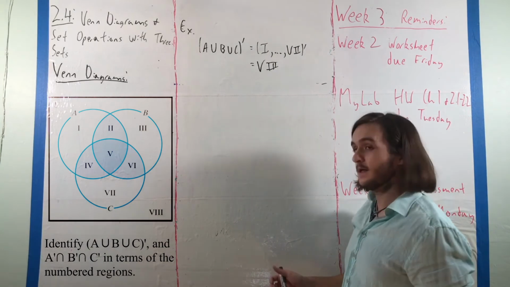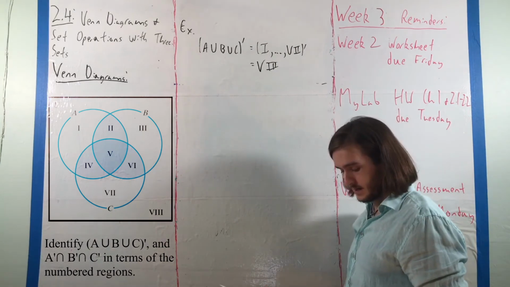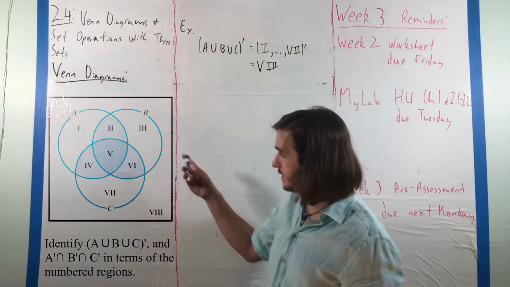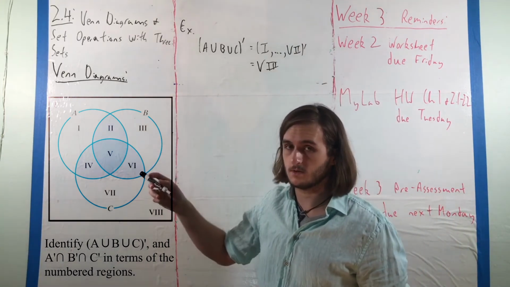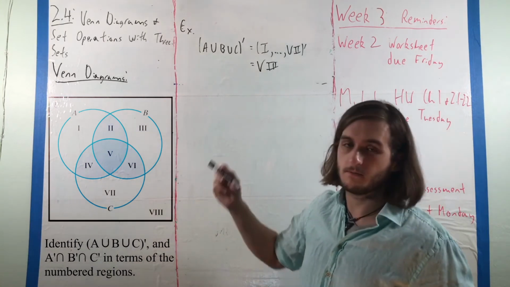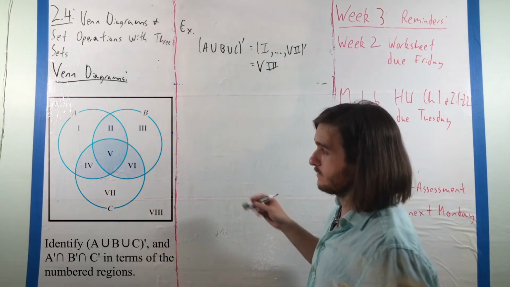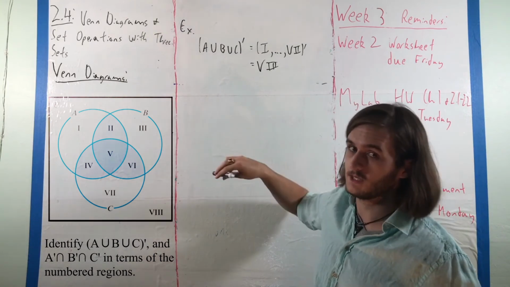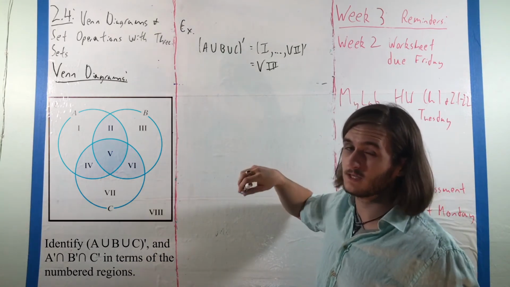Bad counting. On the other hand, if we look at all of them intersected, all the complements intersected, so A complement is everything but that circle. That circle includes bits of B and C, where if we look at A complement, we're getting the outside of the circle, B complement, outside of its circle, C complement is outside of its circle.